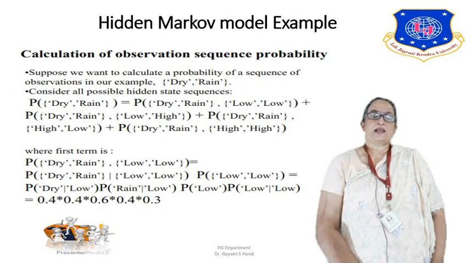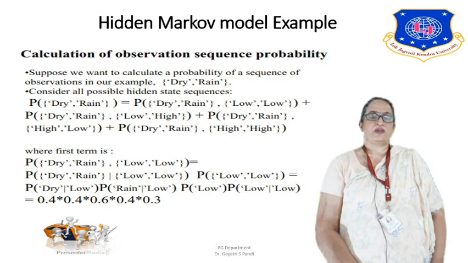Then there are certain calculations of observation that can be done for the sequence probability. Suppose we want to calculate the probability of a sequence of observations, like in our example dry and rain. We consider all the possibilities of the hidden state sequence.